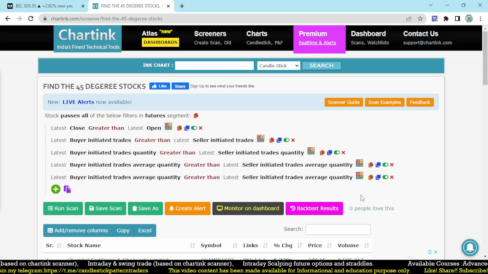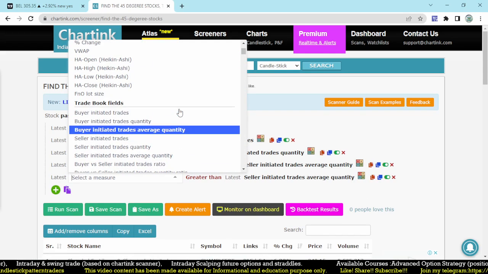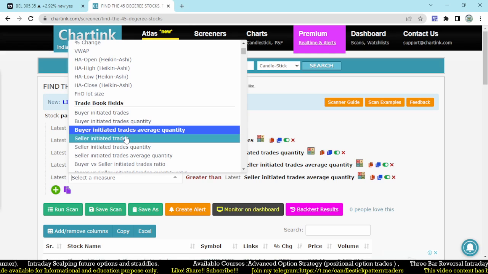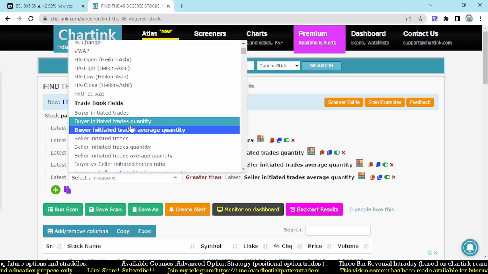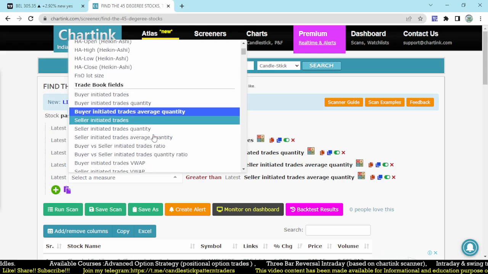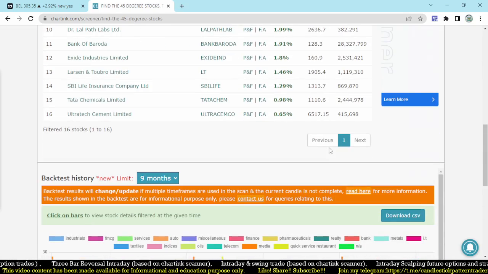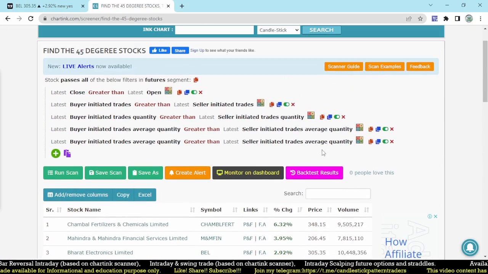There is another condition where you can find buyer initiated trade quantity and buyer initiated average volume. Everything is taken care of, and we find the latest open equal to latest close. All these things will tell you the stock is in bullish mode, right?